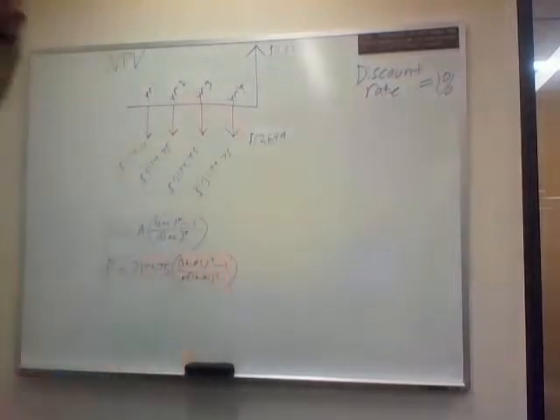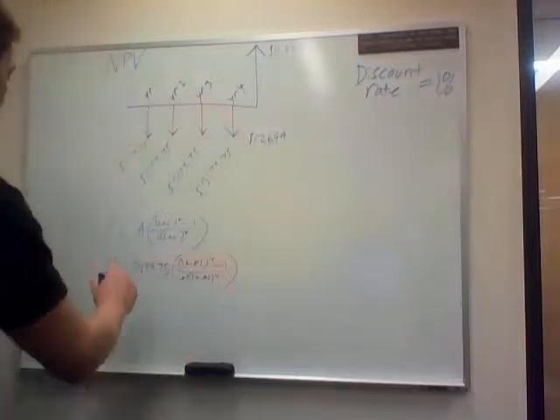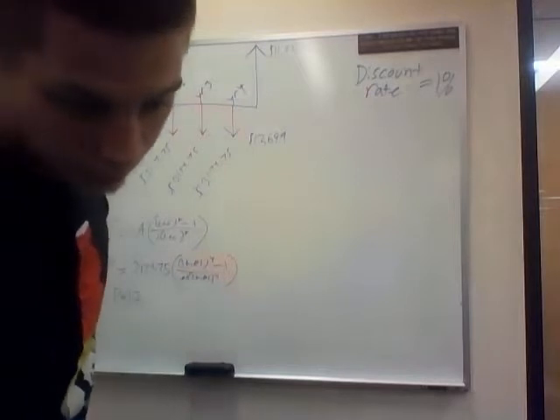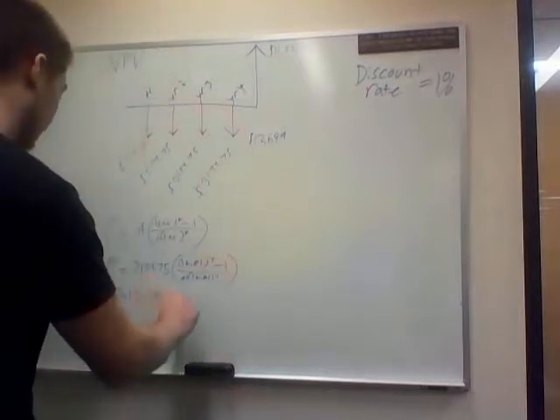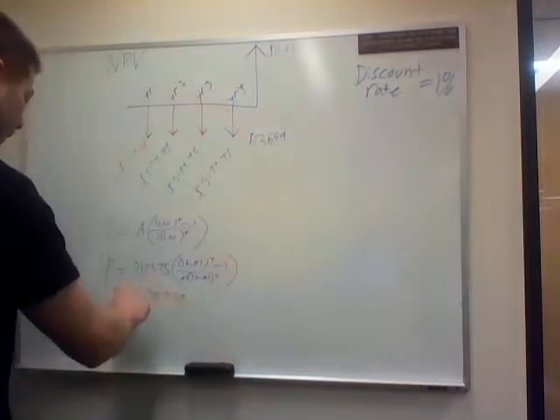All we do is punch that into our calculator, and we're going to get P is equal to $12,387.77.